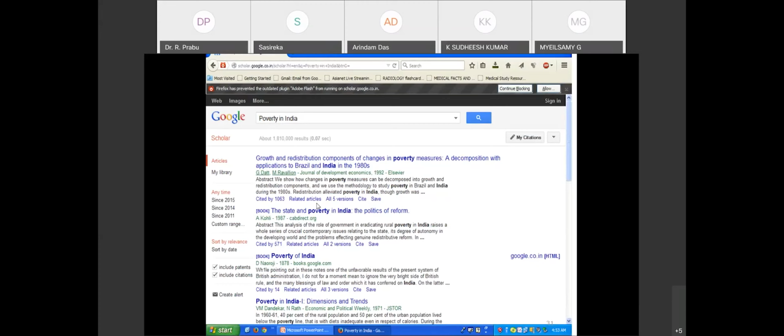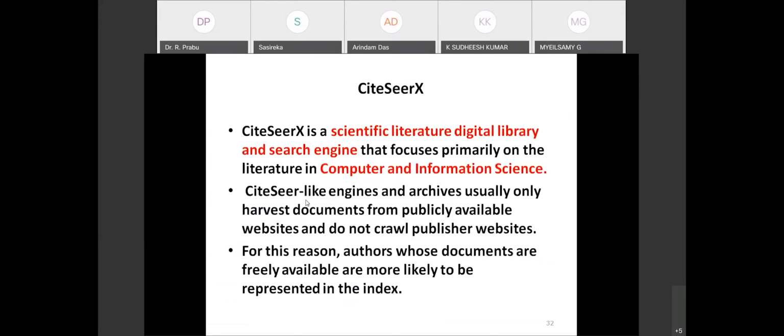There are articles shown in Google Scholar, where you can also see cited by 1063. So these are the details to understand, and at a later stage we'll see it in more detail. And this is another device.